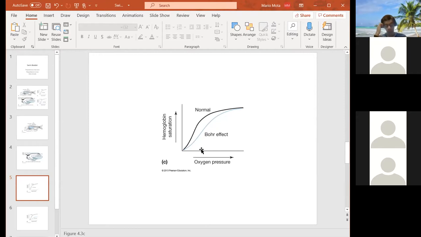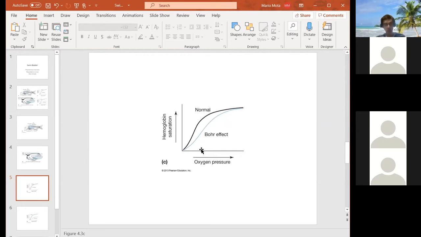In the Bohr effect, it lowers the affinity of hemoglobin to the oxygen. Basically, the hemoglobin does not want to hold on to the oxygen as the pH lowers and it gets more acidic.